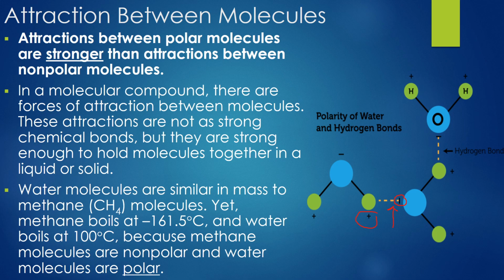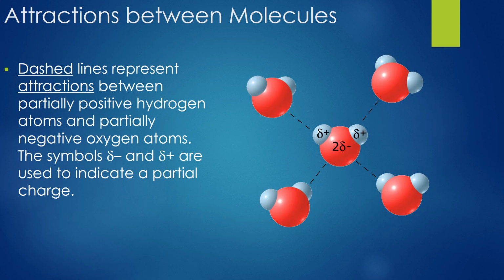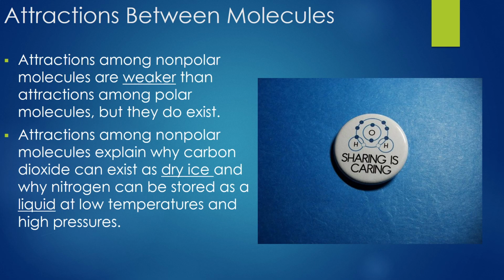It's not a full-on bond, but there's stronger attraction right here because of those charges. Just another image showing you those attractions between polar and nonpolar molecules. Remember, covalent bonding is sharing electrons, and that polar nonpolar explains everything about its properties.